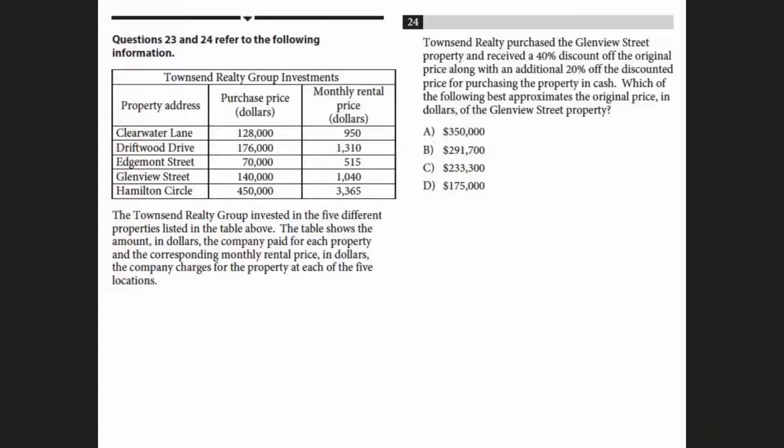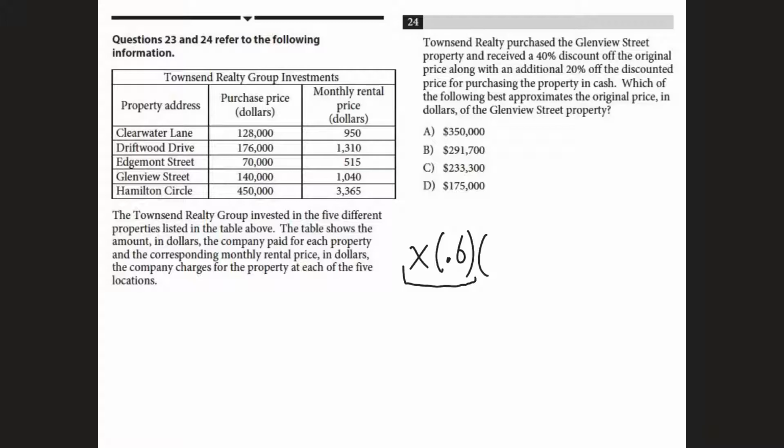Okay, so the original price, we'll call that X. They got a 40% discount. That means instead of paying 100%, they paid 60%, which is 6/10. So whatever this price was, they got an additional 20% off.